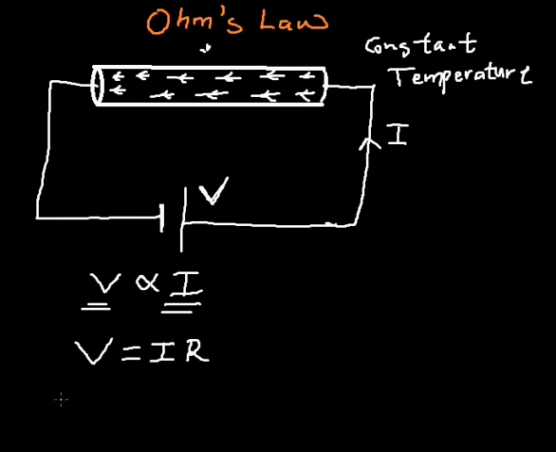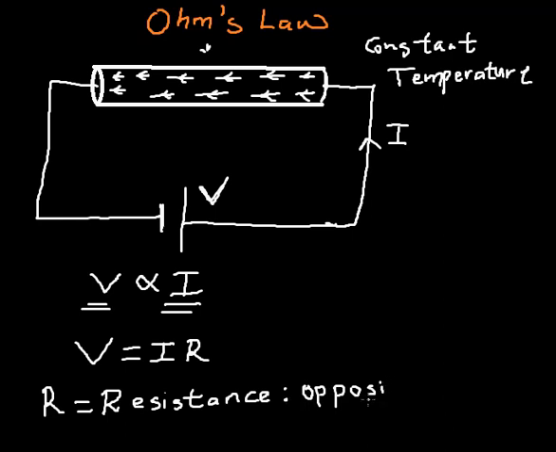And that is why we call this R, being the resistance, an opposition. Every conductor that allows current to pass through it has some form of opposition to the flow of current. It's a property of a material that opposes the flow of current, and that is the resistance.